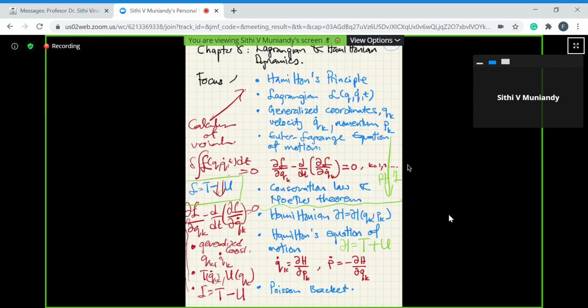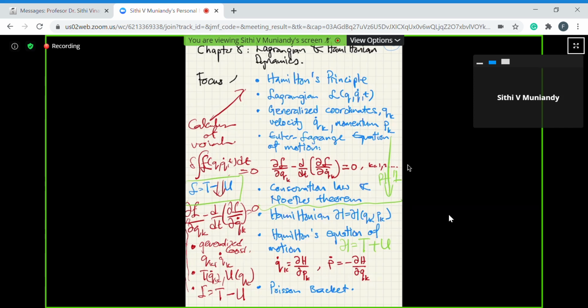So the language is beginning to be more universal, easy to move from classical mechanics to quantum mechanics to quantum field theory, which is used to construct the theory of fundamental forces. Okay, so it's a very powerful route.